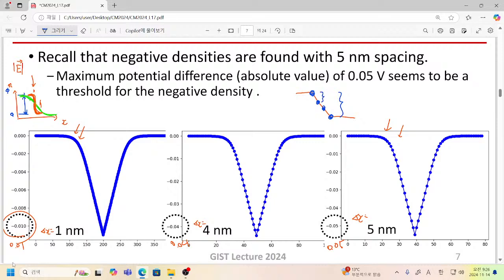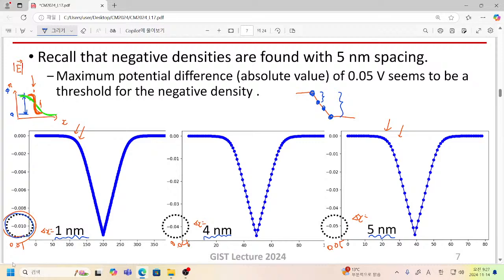The potential difference between two nodes becomes much smaller than the previous case. So simply speaking, these three potential profiles always share the same potential profile physically. However, due to the difference of their real space spacing, the value is somewhat reduced.